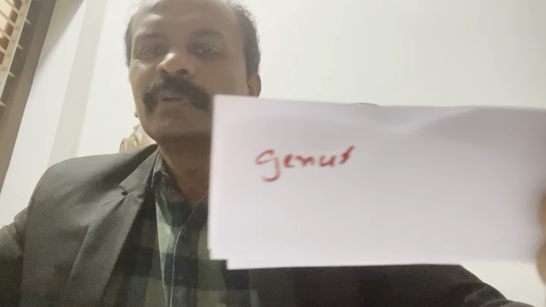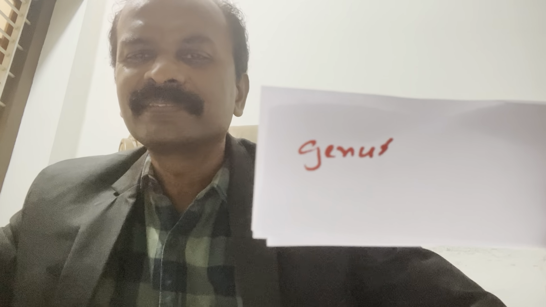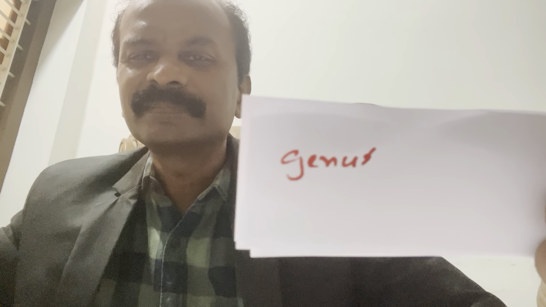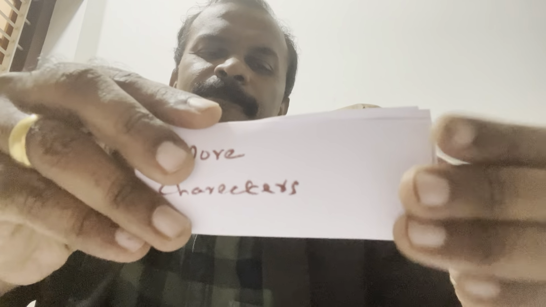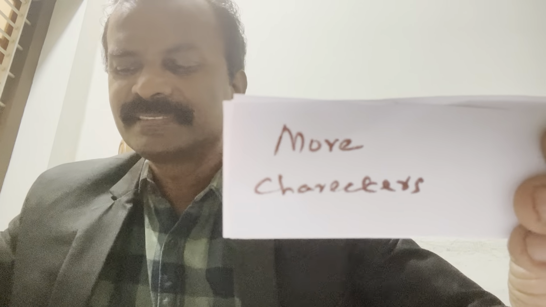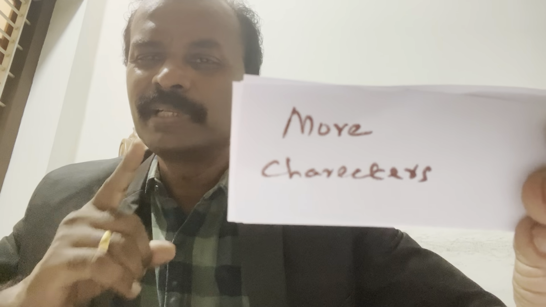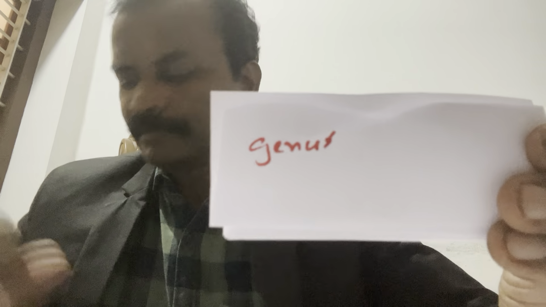Okay, I made it very clear for you. Next question. What will you expect in the question for the word genus to answer? You must always expect the words more characters. I am teaching so nicely. More characters. You must always expect this for the word genus.